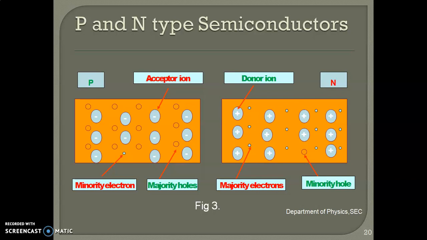In P-type, some minority electrons are there, and the majority holes are also there. So the P-type has more holes and fewer minority electrons. In N-type semiconductor, the donor ion is indicated with a plus, and minority holes are also there. The majority electrons are present in the N-type material.